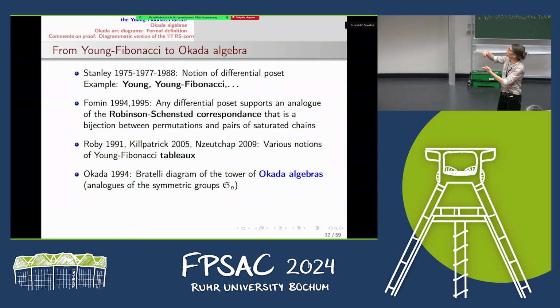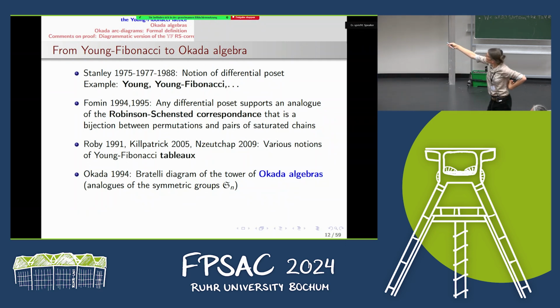In keeping with that, there were a series of authors who studied accompanying theories of tableaux for this RS correspondence. Roby in 1991, Kilpatrick, and then Nzeutchap in 2009 all studied variations of tableaux.